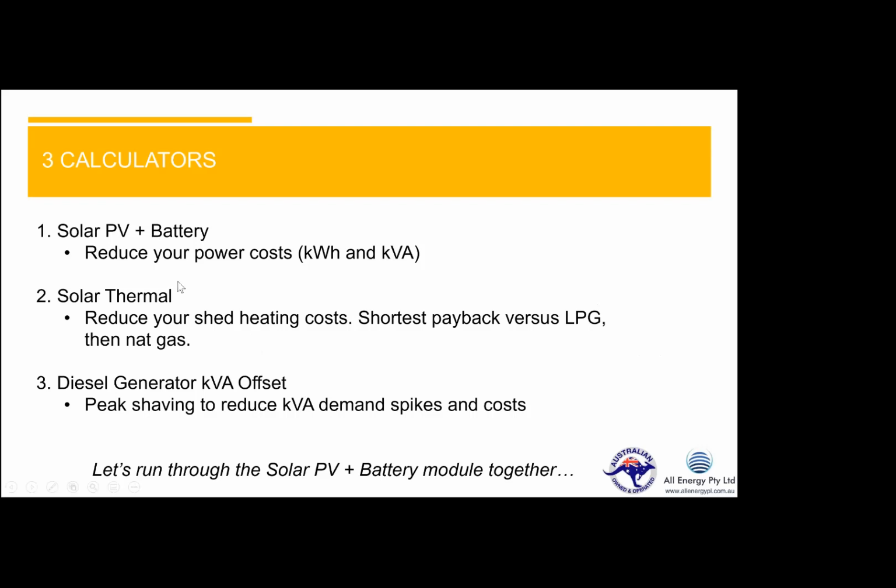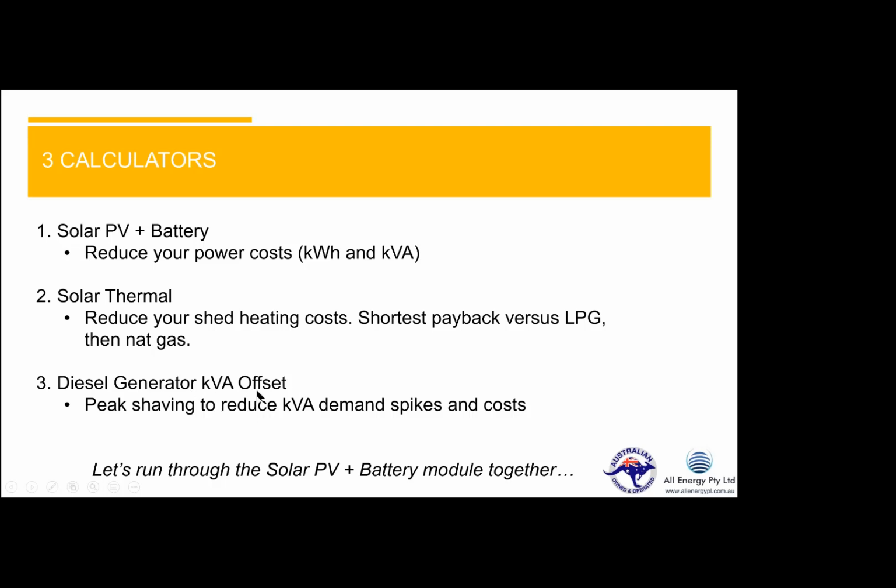For these more commercially scaled systems, you're expecting temperatures to reach towards 80 degrees Celsius, which can be quite useful for dry shed heating. Another one of high interest to the industry was making those diesel generators work a bit harder, be those emergency generators or backup generators, to help drive down the kVA or maximum energy use within a particular month.